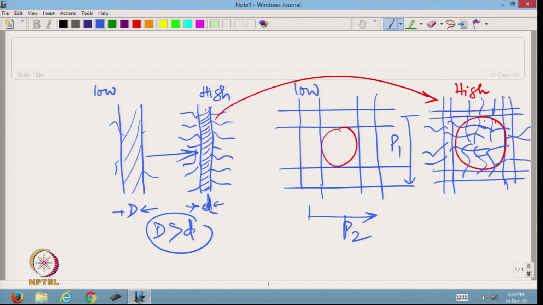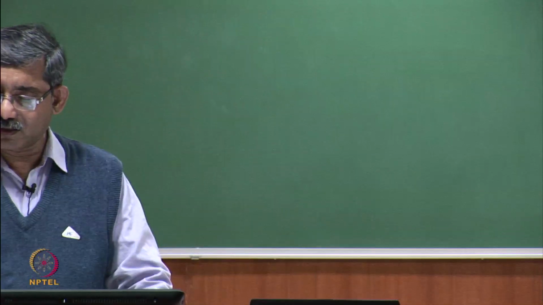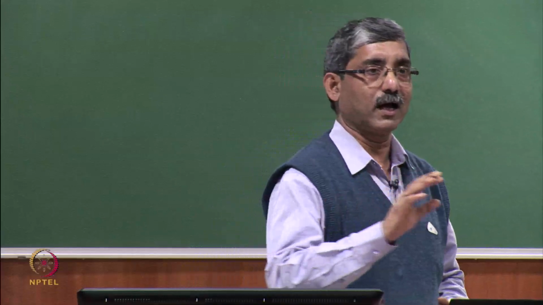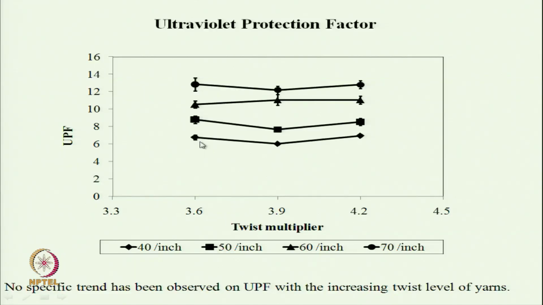So, this extra hairiness is actually blocking the pores which have been created due to higher twist, and will prevent the UV ray from transmitting through, and also it will try to scatter the UV ray. So, that is why these two contradictory factors will actually nullify the effect of yarn twist on the UV transmission. So, for this reason no specific trends were observed.